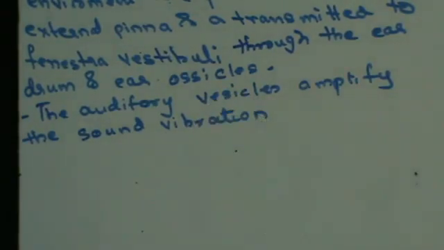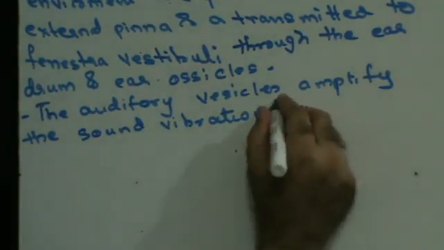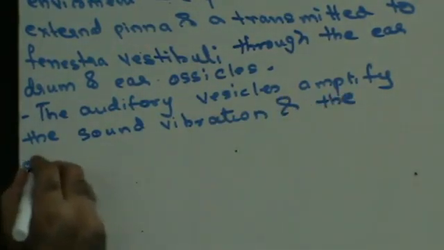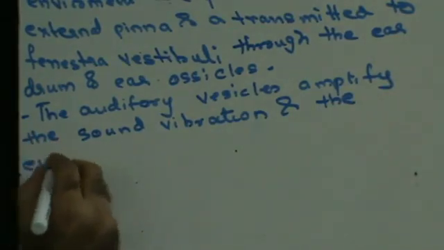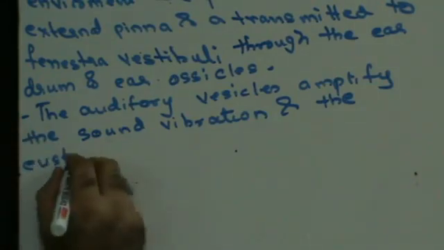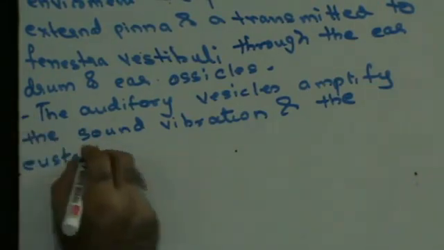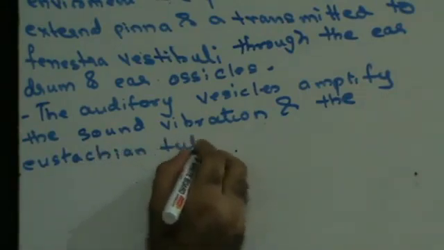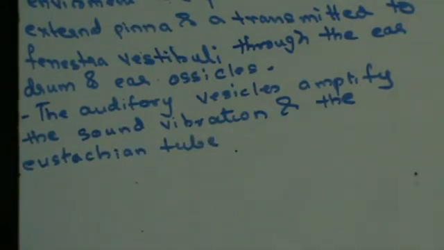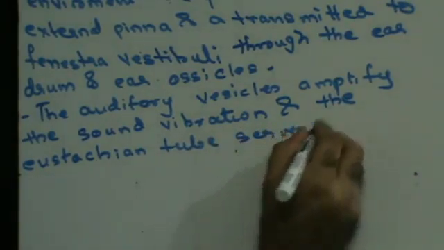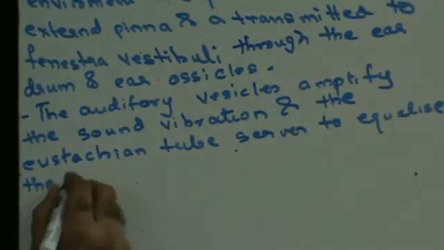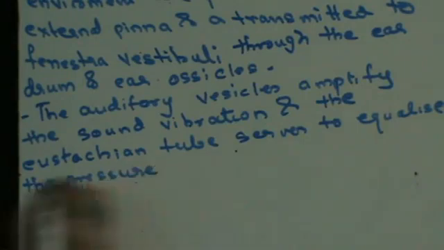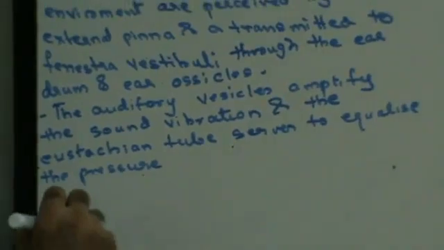Auditory ossicles amplify the sound vibrations and the eustachian tube serves to equalize the pressure on the sides of the tympanic membrane.